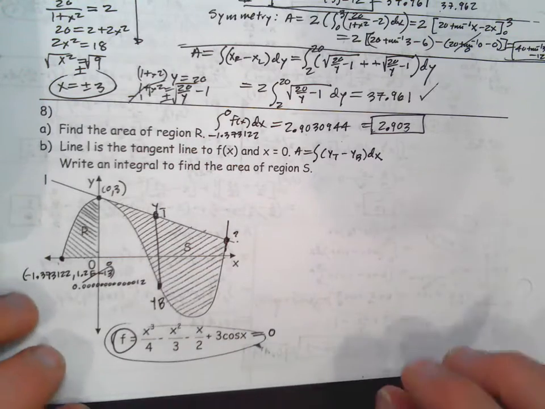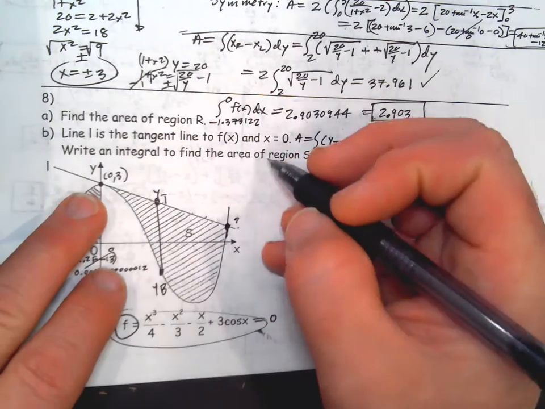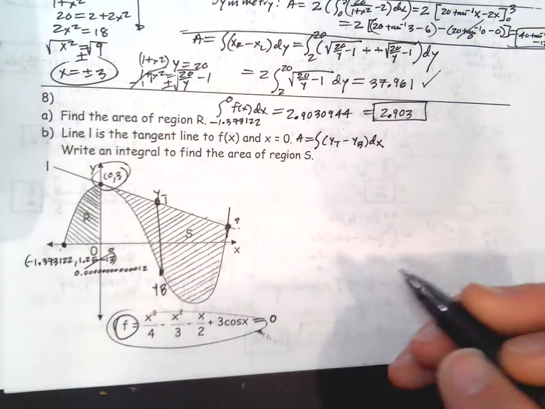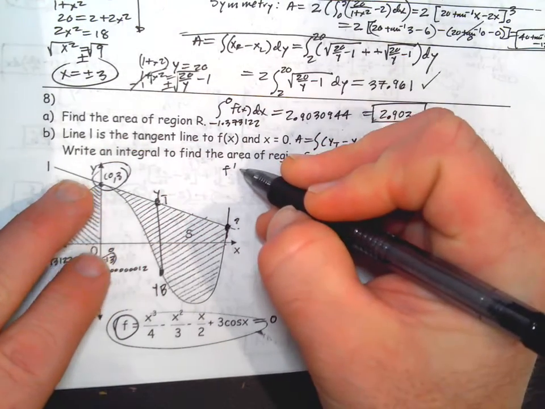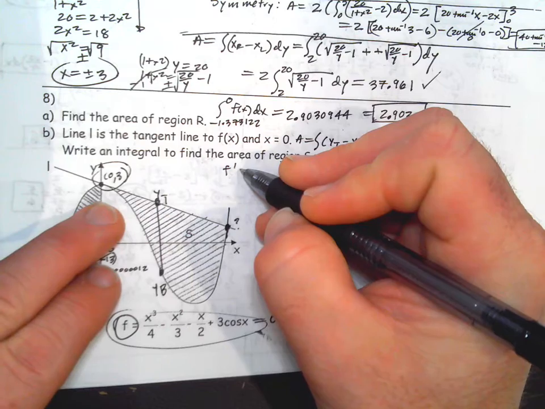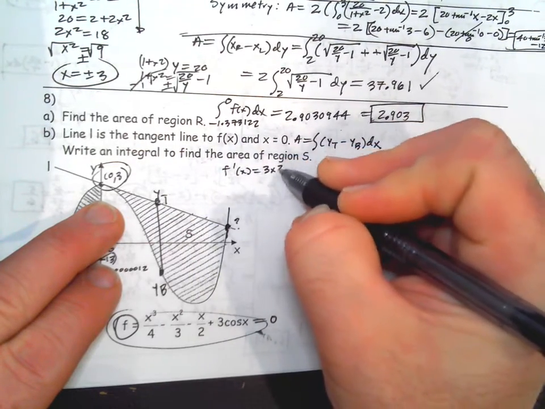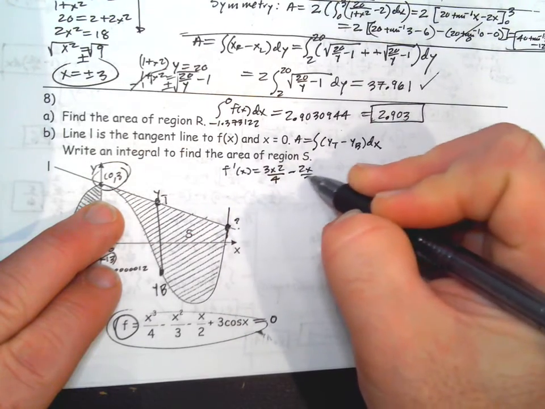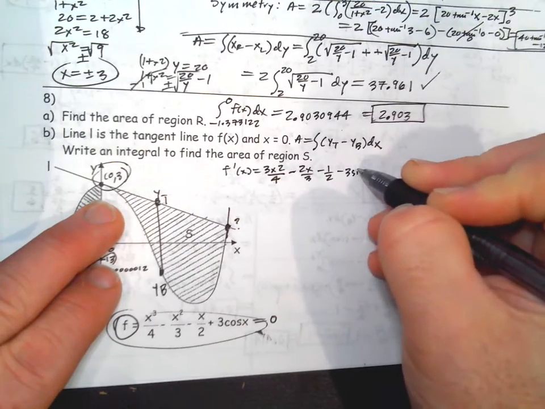Now, our calculators can do that, or we could try and do it by hand. I think we could actually do pretty well doing it by hand. You already know the point, so that's easy. You just need the slope. So the slope is going to be f prime. F prime of x would be 3x squared over 4 minus 2x over 3 minus 1/2 minus 3 sine x.